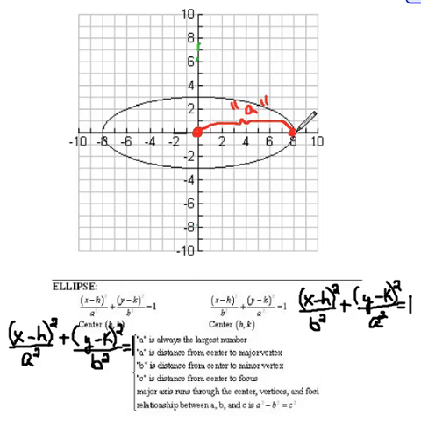That's why it's always a larger number, because remember, the major vertex is the longest side. If the a squared value happens to be under the x, that tells you the ellipse is elongated in the x direction. If the a squared is underneath the y, then it is longer in the y direction, stretched out up and down.